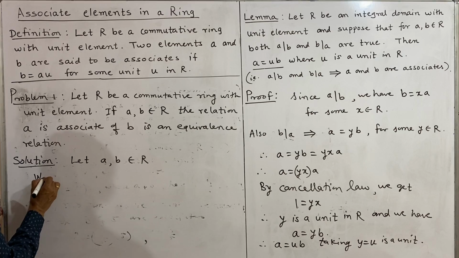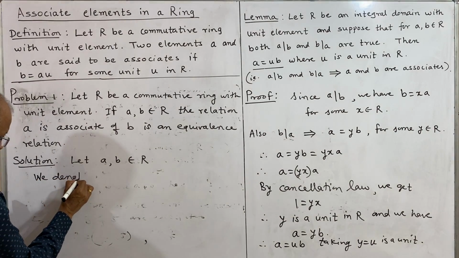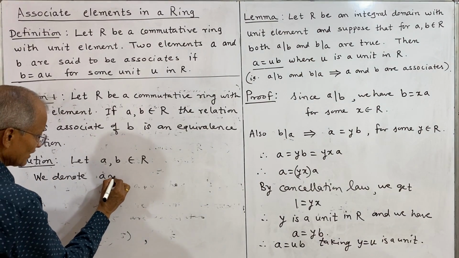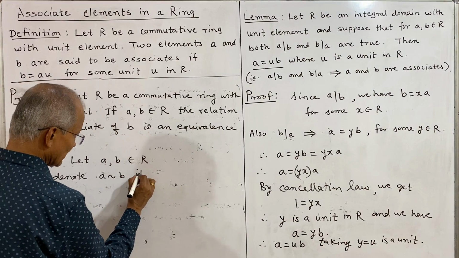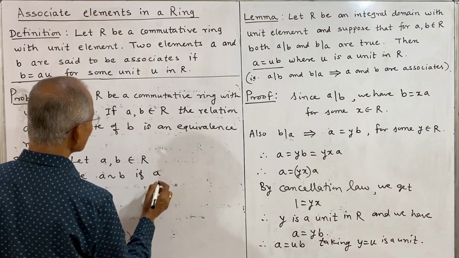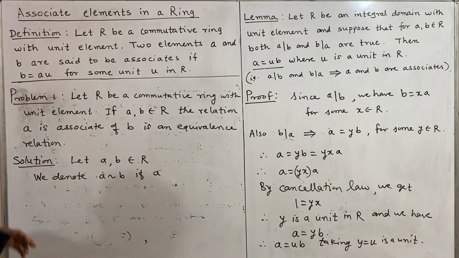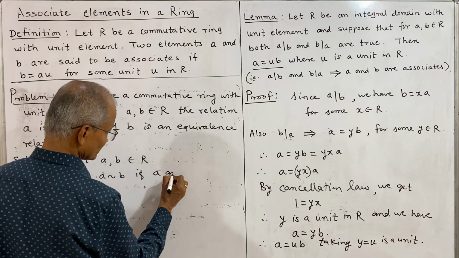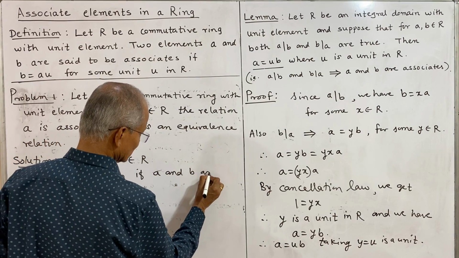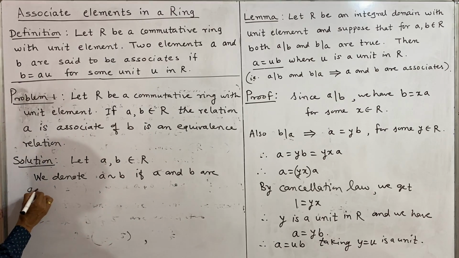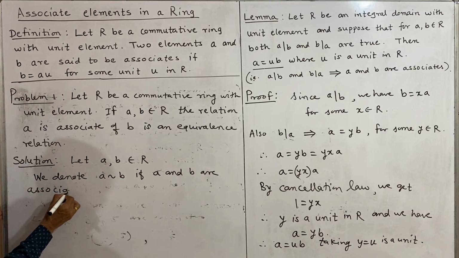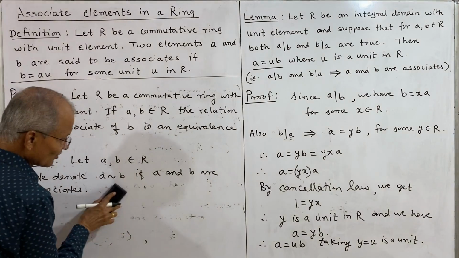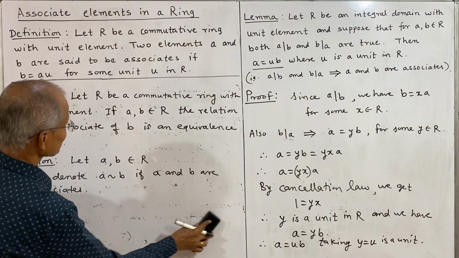We denote A tilde B if A and B are associates, that is B is equal to A into U for some unit U in R.